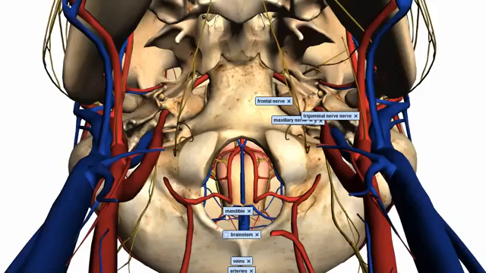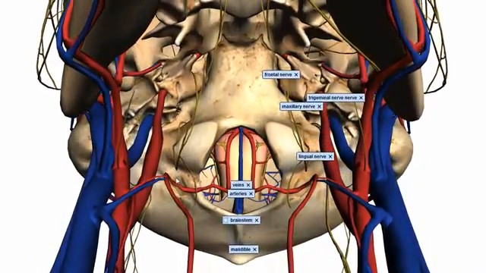So remember, the accessory nerve, cranial nerve 11, passes through the jugular foramen and also through the foramen magnum. It's got two roots. You've got the roots up here and the spinal roots which pass through the foramen magnum. So that's the foramen magnum, with the spinal cord and the brainstem, the vertebral arteries and the spinal roots of the accessory nerve passing through.